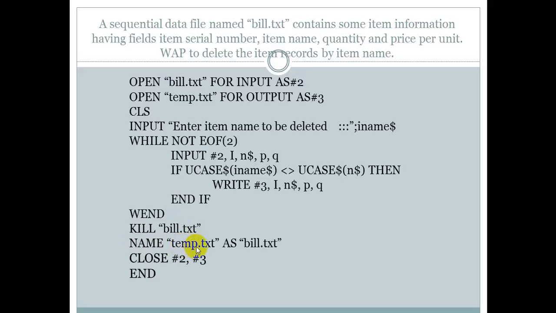It will rename the temporary file as bill.txt, so that we again get the original file with deleted records. That means the IF statement will delete the records, all the other content of bill.txt will be stored in temp.txt, the original bill.txt file will be deleted, and the temporary file will be renamed as bill.txt. So we'll get the original file with new records.